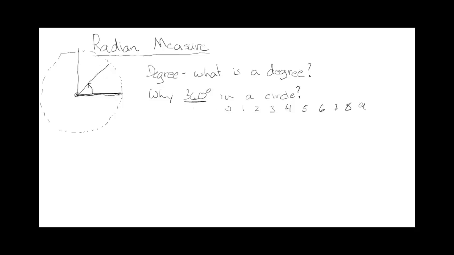But the Babylonians had what was called a base 60 number system. Basically, they had 60 symbols for the first 60 numbers. And if you think about that, it makes more sense as to why you'd have 360, because 60 divides nicely into 360.